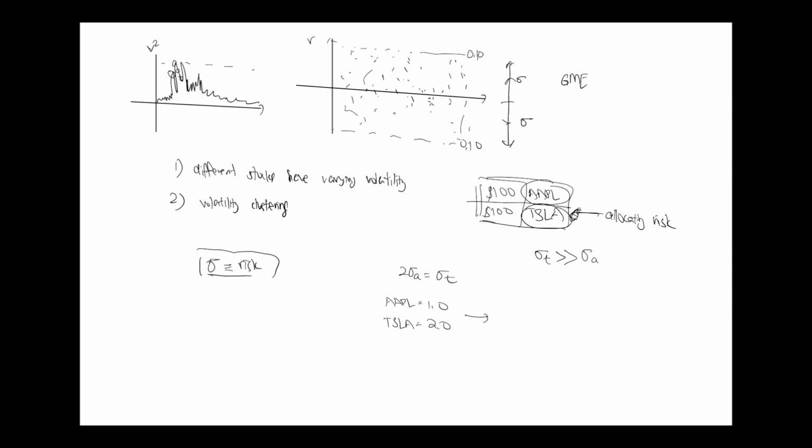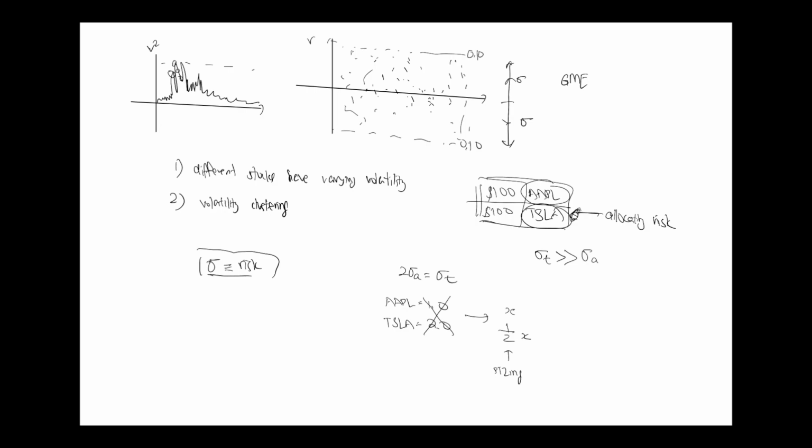Assume that there is no forecast here, so this forecast doesn't exist. Then, assuming equal amounts of confidence, half the dollar sizing in Tesla is the same risk as the full sizing in Apple. This is our sizing.